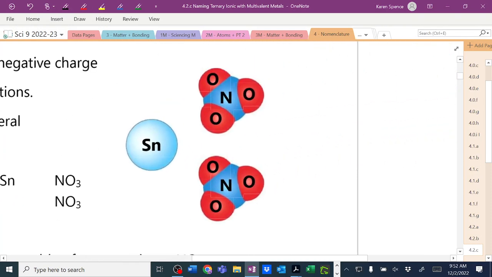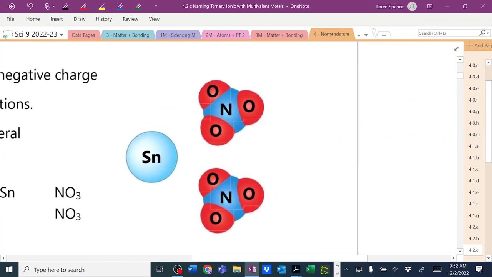Now here's just a picture to show you what that would look like. So we have Sn, we don't know what its charge is, and then we know NO3. If we look it up on our table, everyone go look up NO3 and tell me what the charge is on NO3.